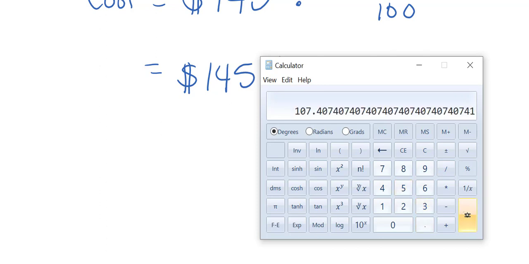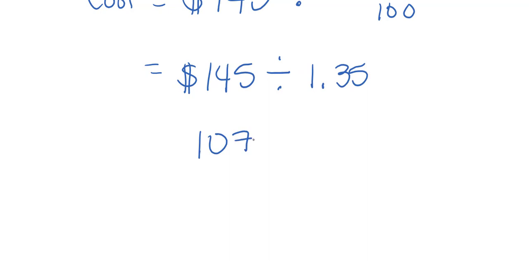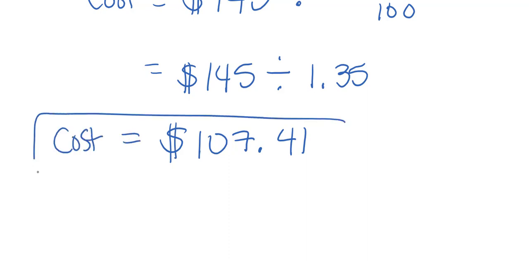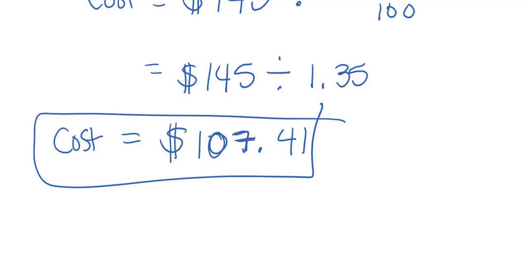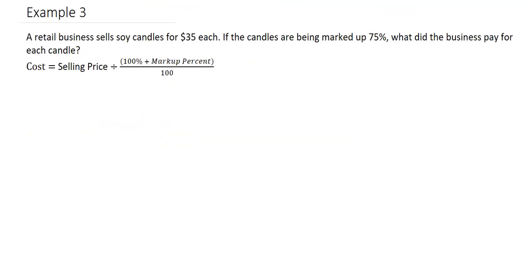We get 107.41, because we're always going to round to the nearest hundredth as we're dealing with money. So we're dealing with money, and this is our cost, right? So we've found our solution. Let's go ahead and look at the last example.